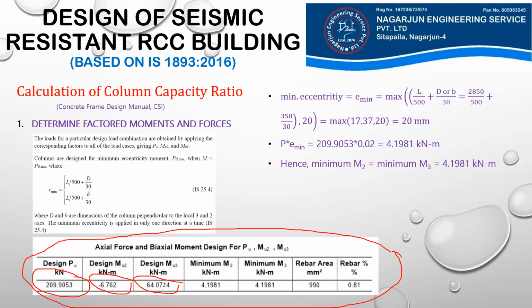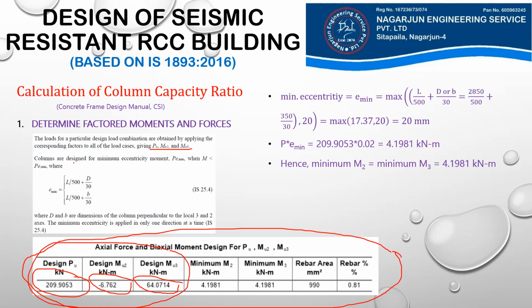These three values we obtain from the governing load combination. These three design values are generated from the particular load combination that governs the design of those columns. So we get the values of PU, MU2 and MU3 from the load combination.